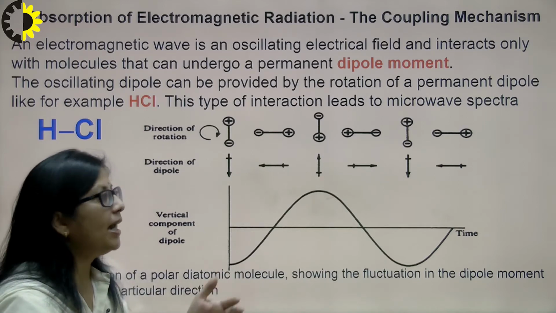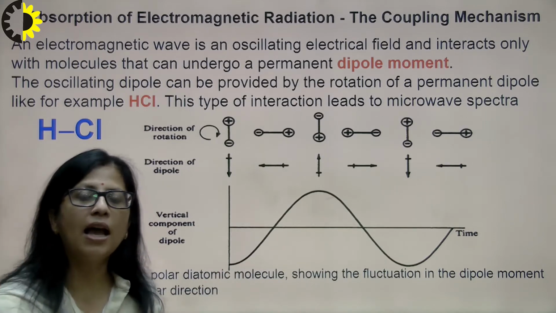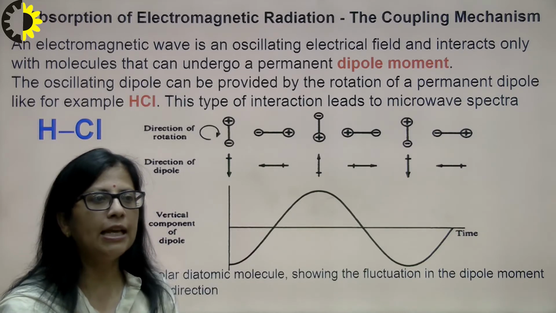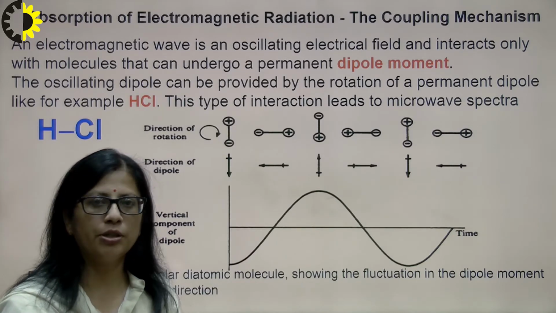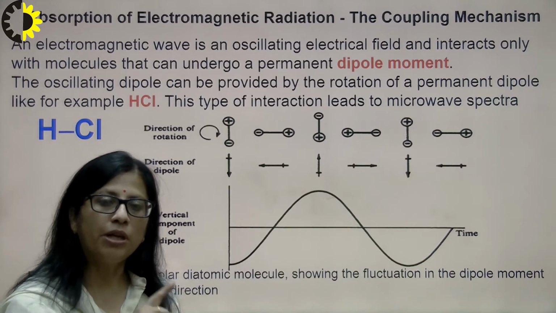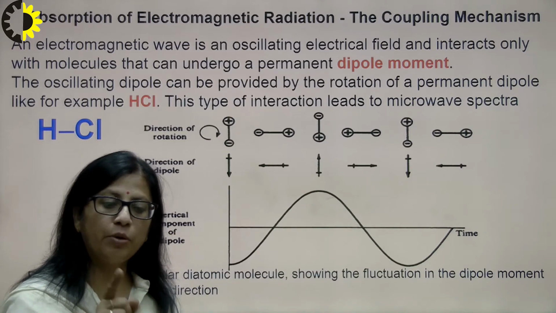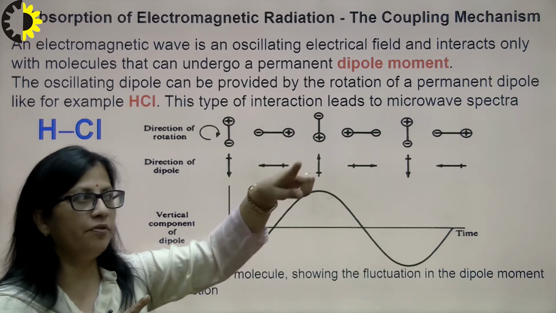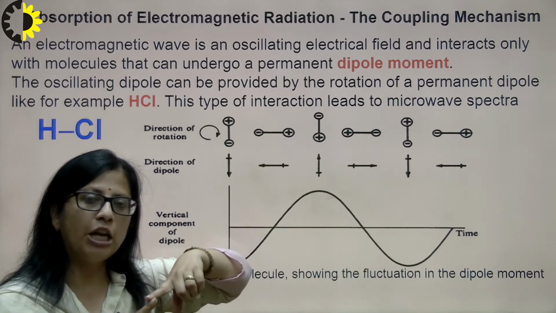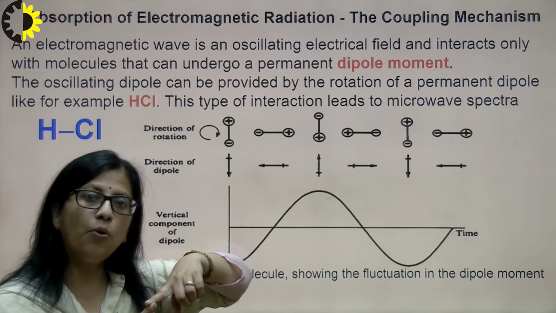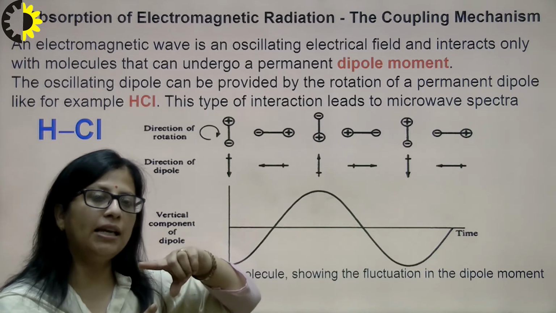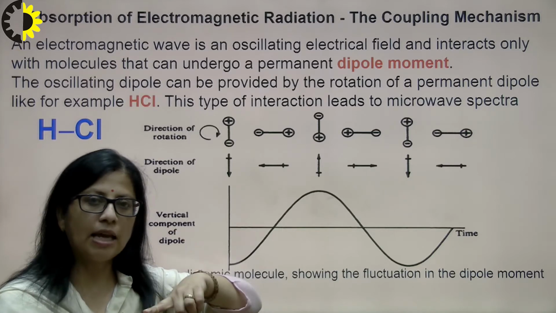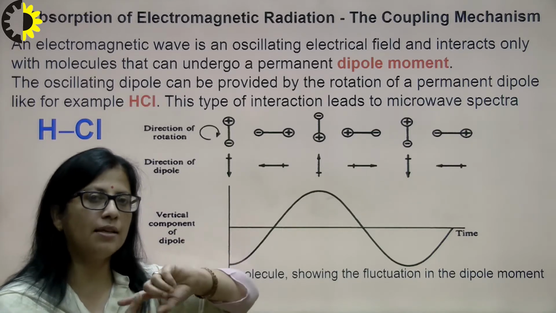So, again I will repeat, the molecules having a permanent dipole produce an oscillating electric field on rotation, and when the frequency of rotation of the molecule becomes equal to the frequency of the radiation source, then only the molecule can absorb microwave radiation and move from the ground state to the excited state.